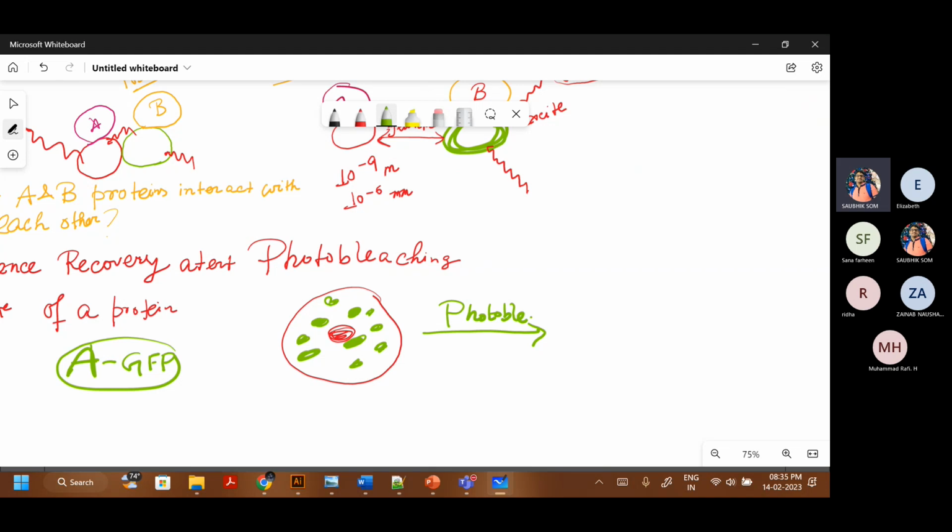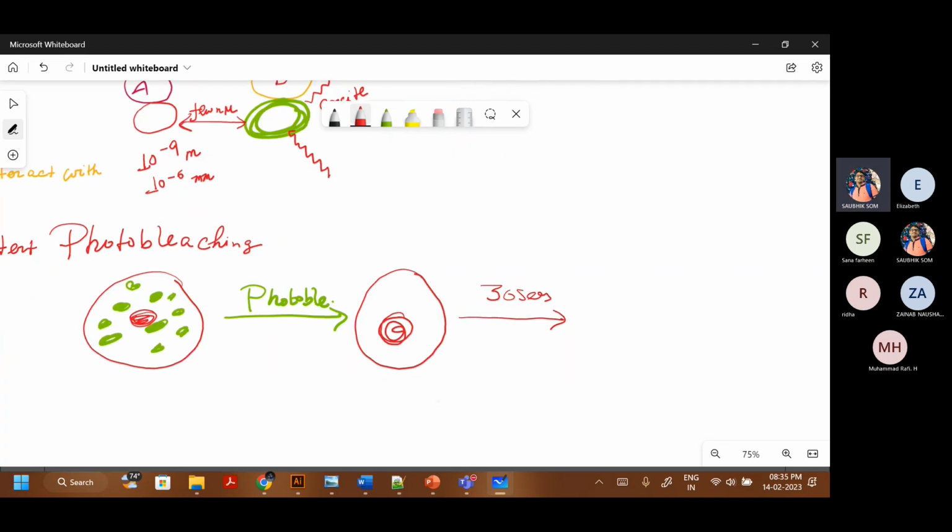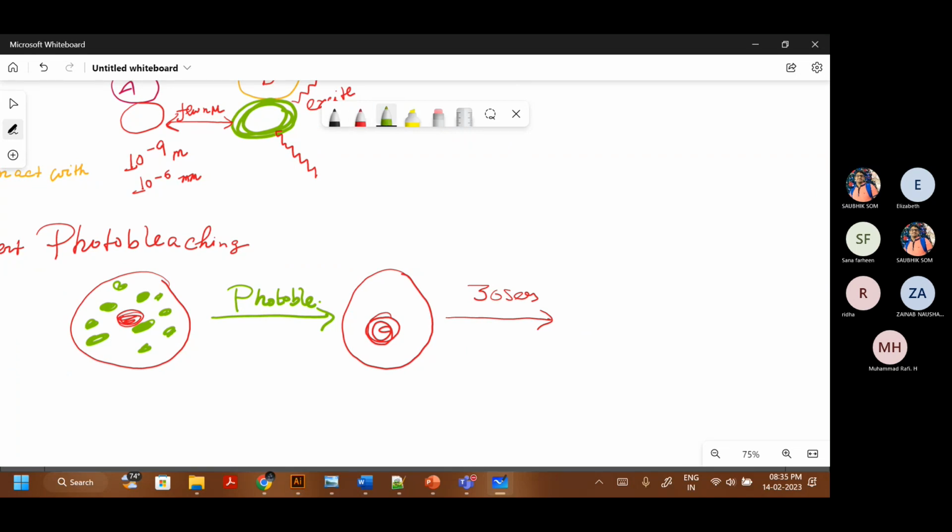If you do photobleaching, what will happen? There will be no fluorescent protein. The cells will just look like this. Now, say after 30 seconds you again start to see these kinds of puncta. That means in just 30 seconds, my protein is getting regenerated.